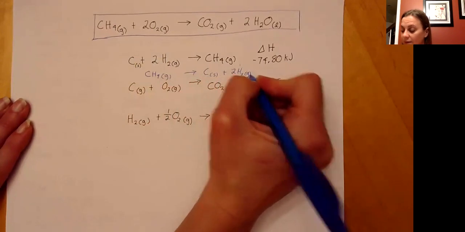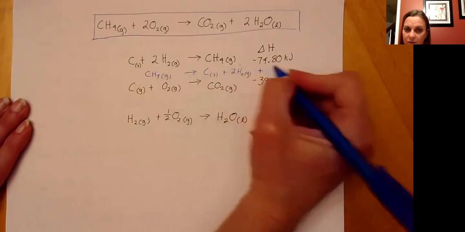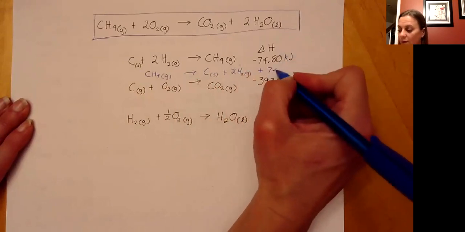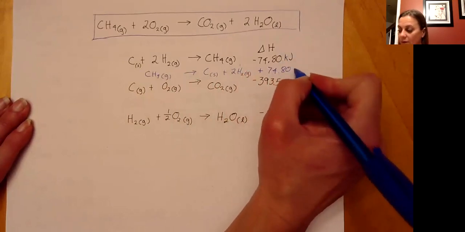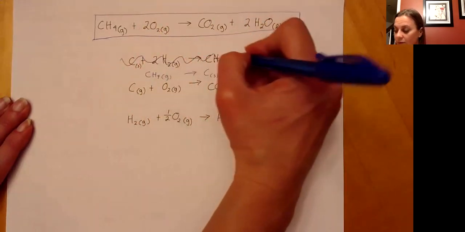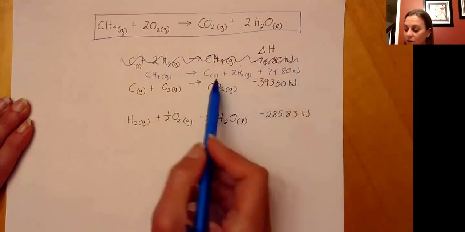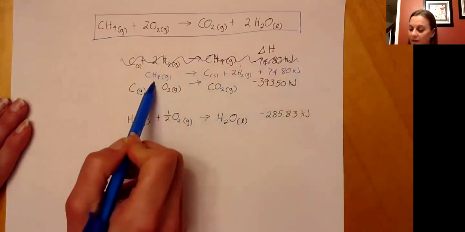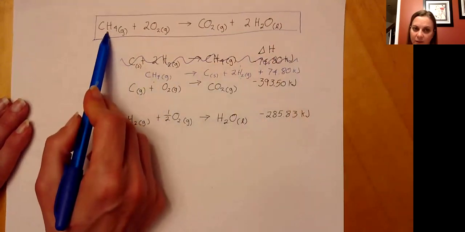And now the delta H for that is a positive 74.80 kilojoules. And I'm just going to draw a line through the old one so I don't confuse myself. Okay, so now I've got methane as a reactant where it needs to be.